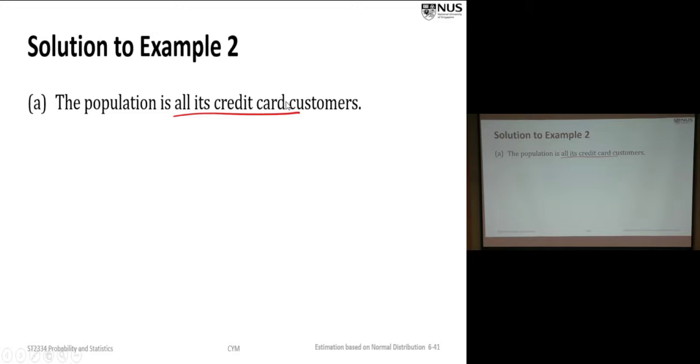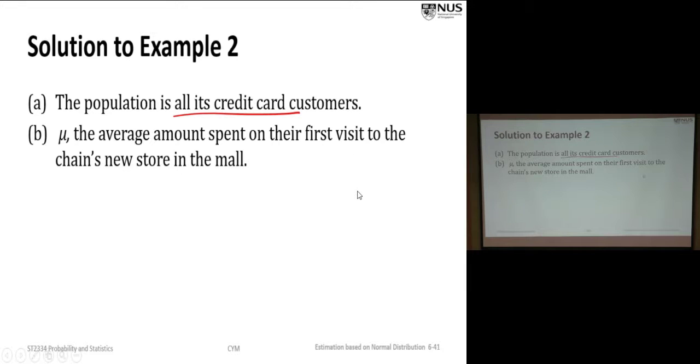Those who use a credit card, forget about whether it's from the departmental store or from any credit card. So first they use it. All right. And the population characteristic that we're interested in: among all the customers, we're not interested in the height or the weight. We're interested in how much they spend.